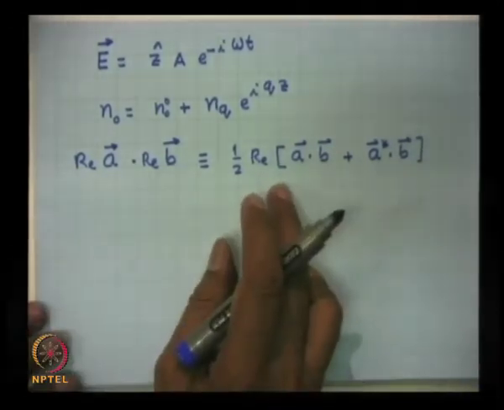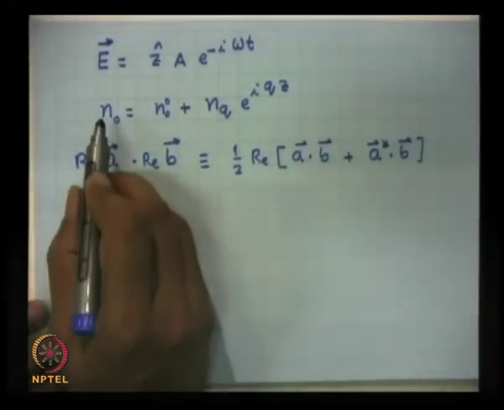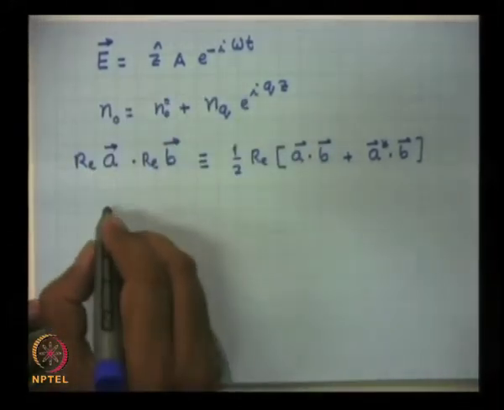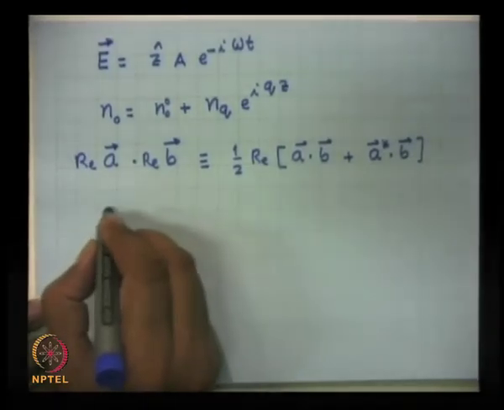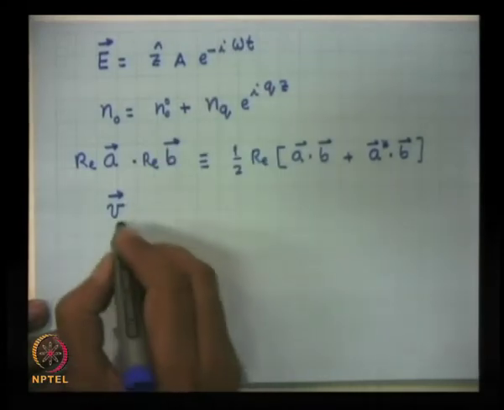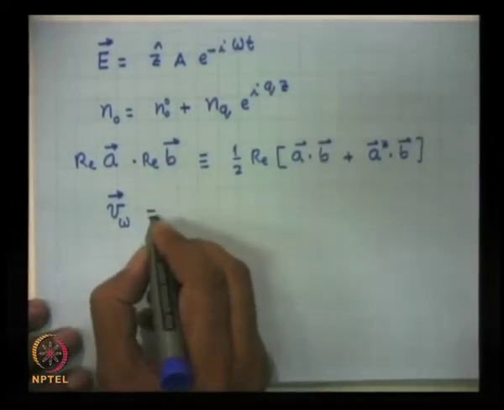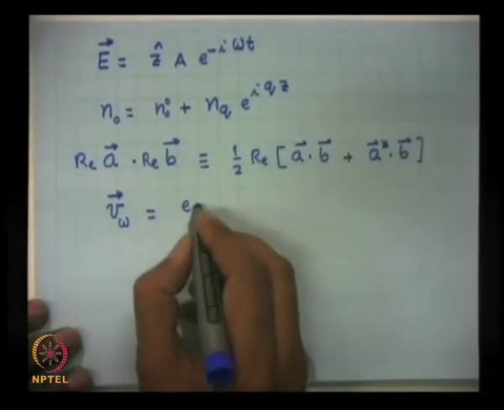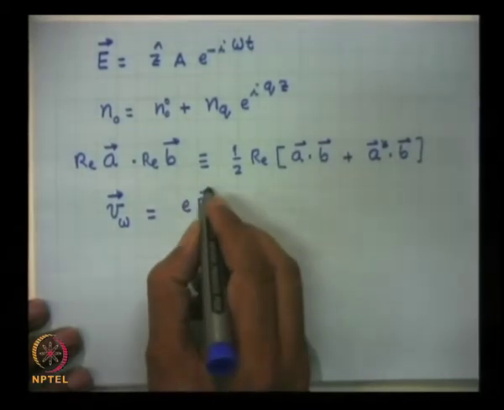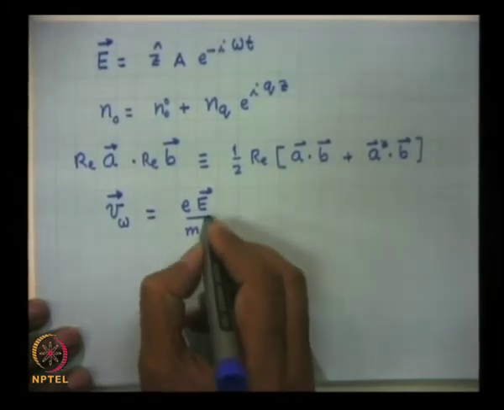So, what I am expecting now is that as a consequence of this electric field, the electrons acquire a velocity v at omega frequency, and that would be equal to E upon m i omega.